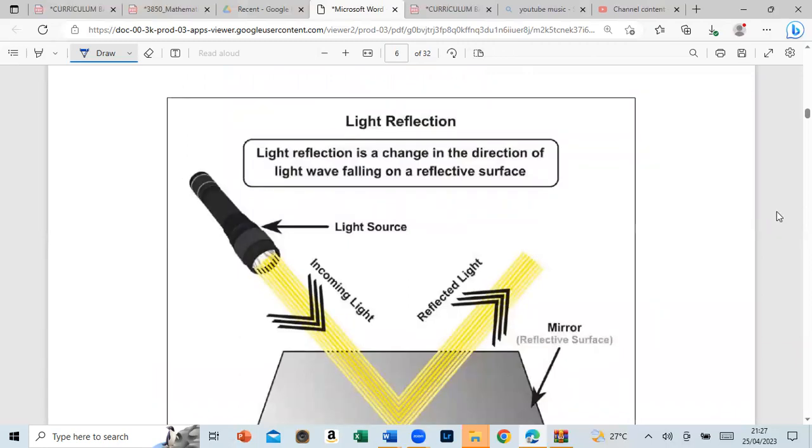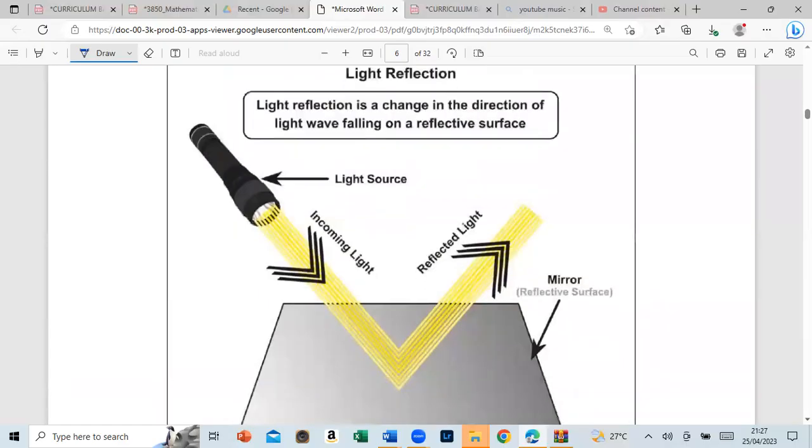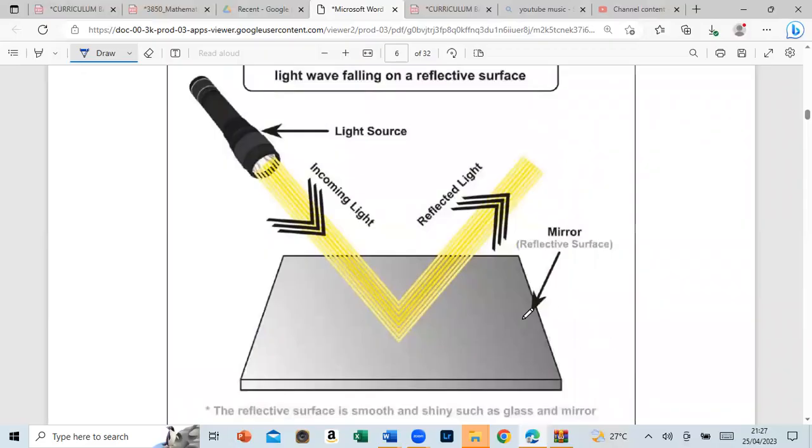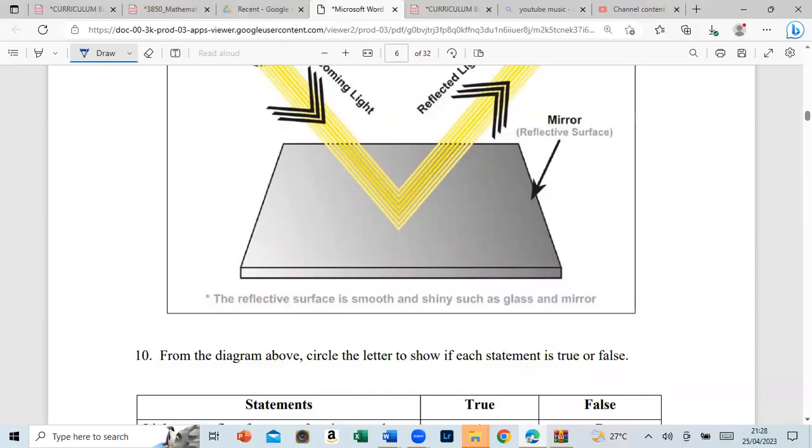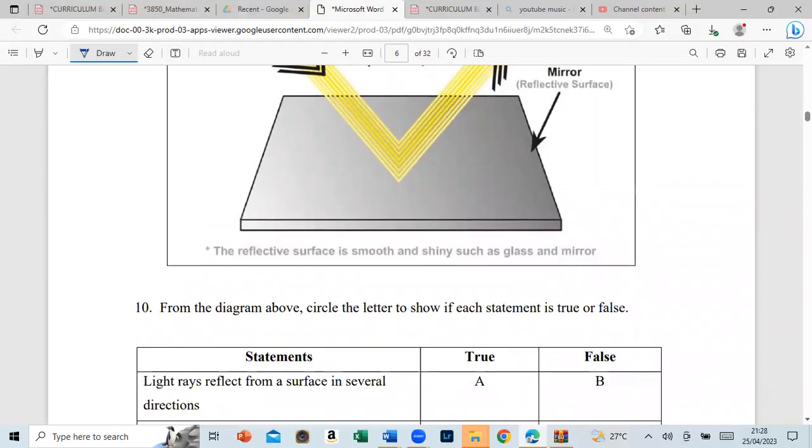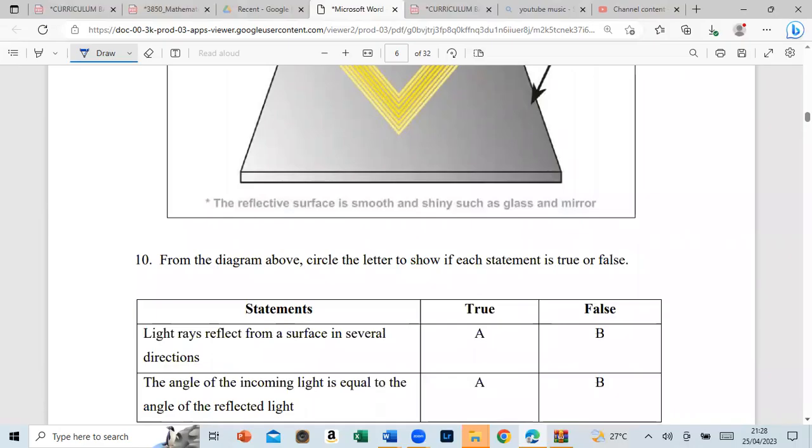Light reflection. Light reflection is a change in the direction of the light wave falling on a reflective surface. So there we have the light source, which is the flashlight incoming, and then you have the reflected light. The reflective surface is smooth and shiny, such as a glass and mirror. From the diagram above, circle the letter to show if each statement is true or false.